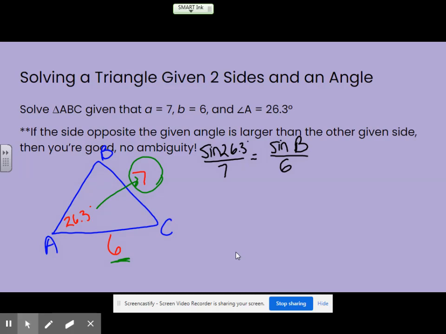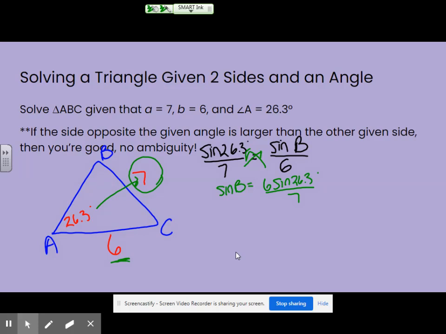From here, so far, we can continue as normal, cross-multiplying, getting everything on one side. So I get that the sine of B is going to be equal to 6 times the sine of 26.3 degrees over 7.